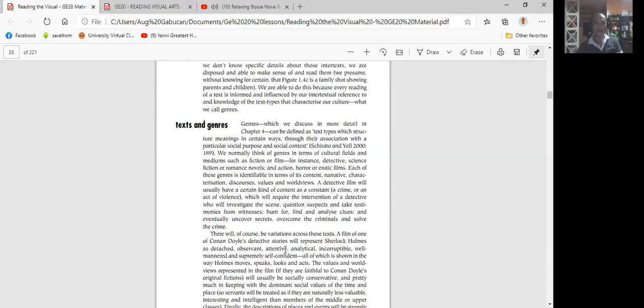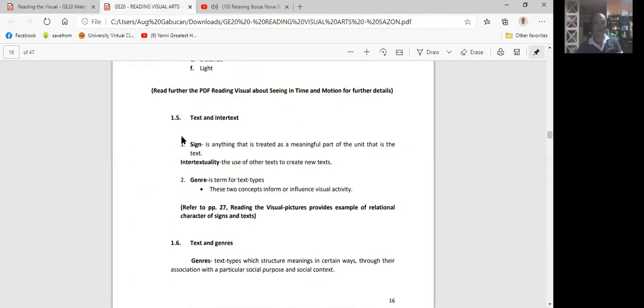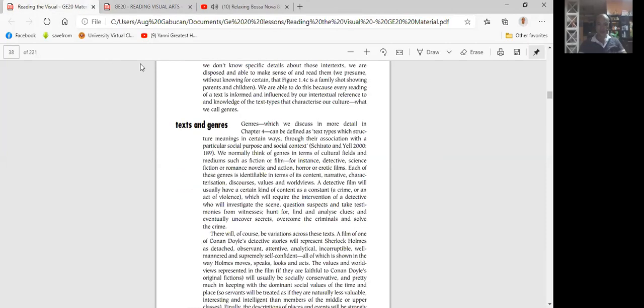Okay, next we move on to text and genres. A genre is a term for text types. These two concepts inform or influence visual activity. Going back, genres can be defined as text types that structure meanings in certain ways through their association with a particular social purpose and social context.